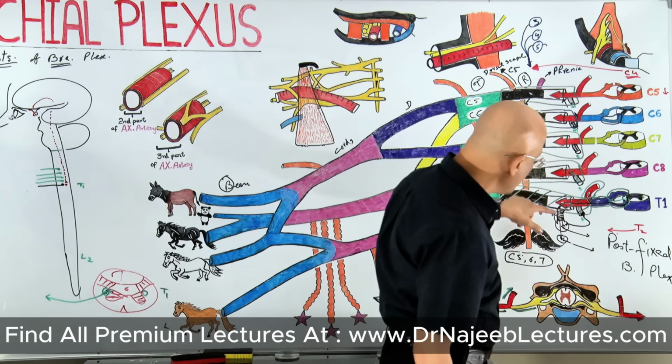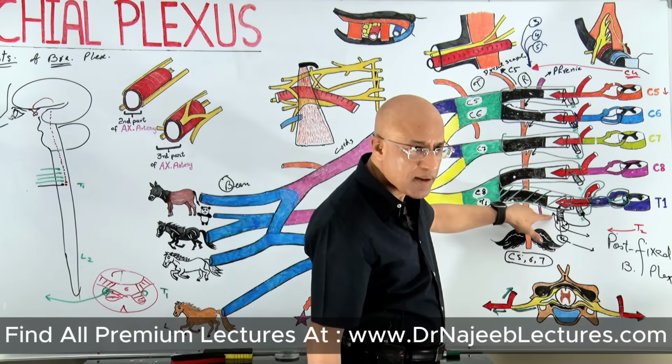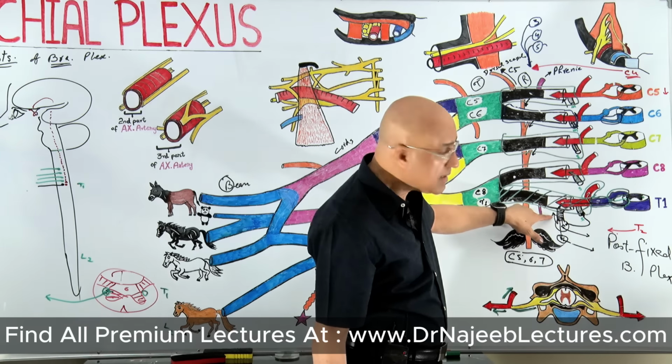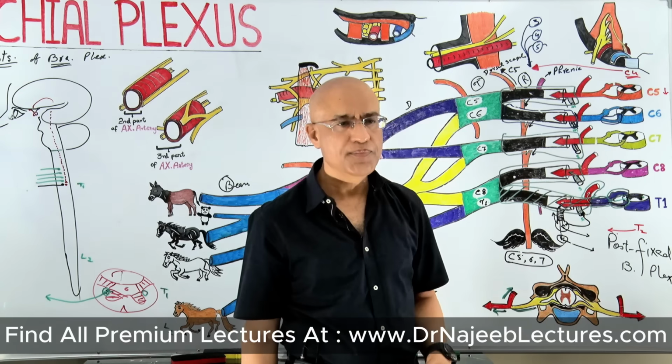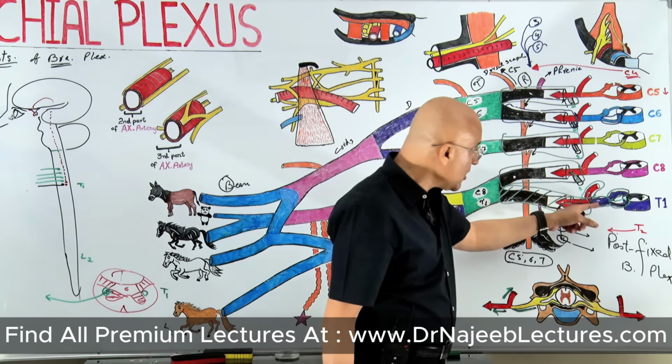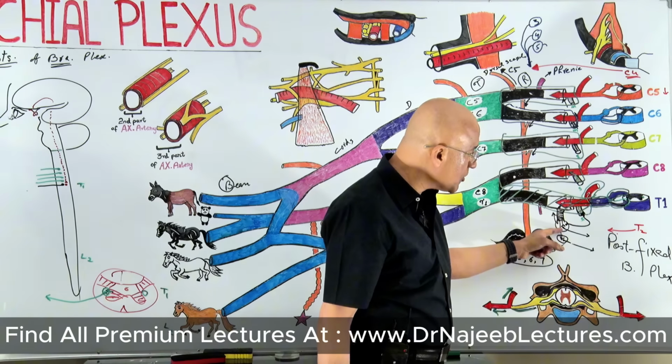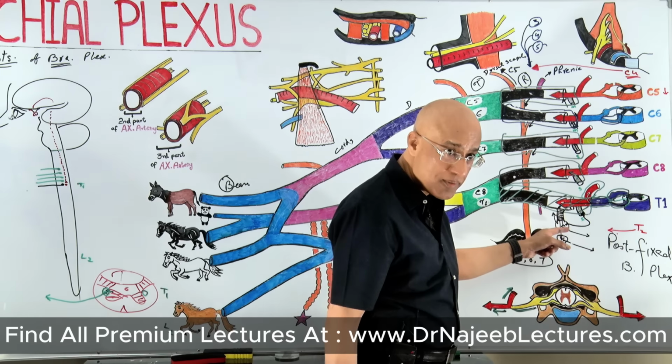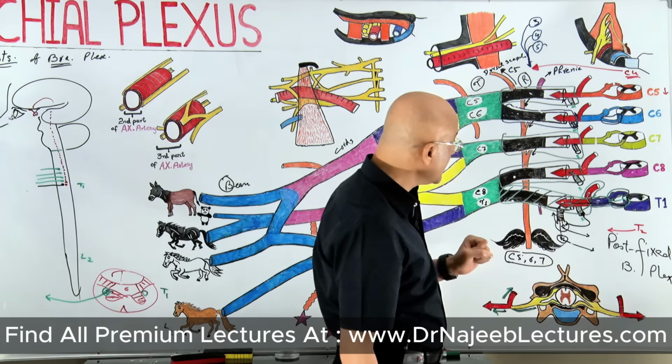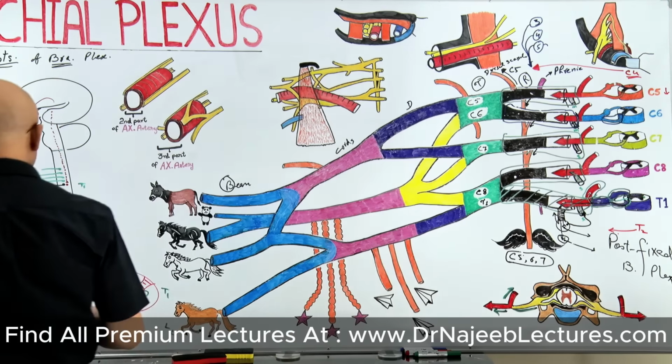Now, in this regard of white, what is this? White ramus. T1 is very unique because white ramus is coming out of T1 root, right? But come back to this diagram.